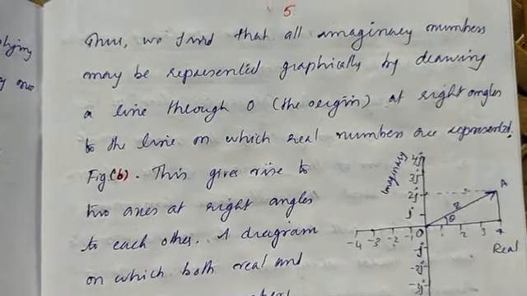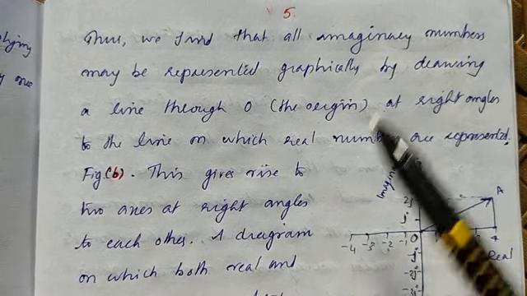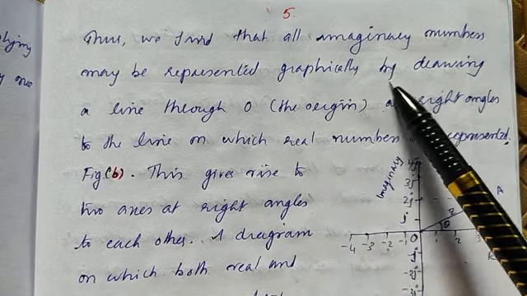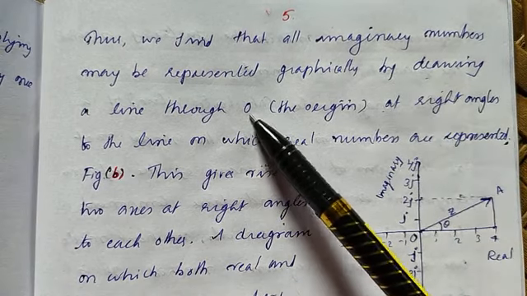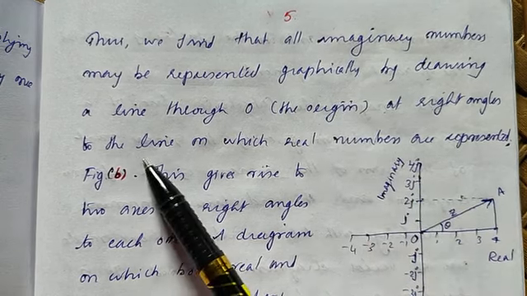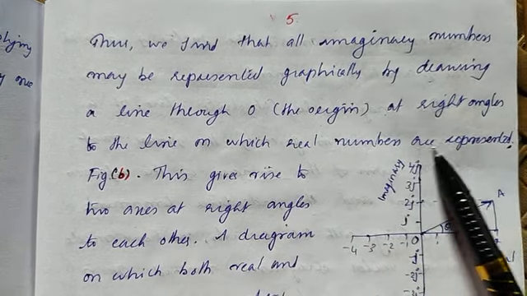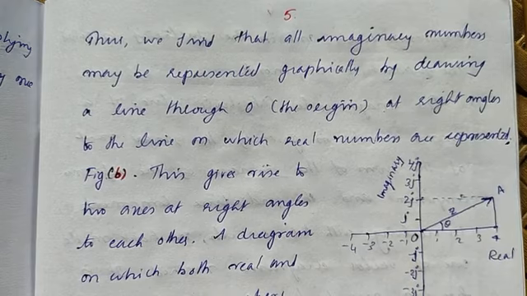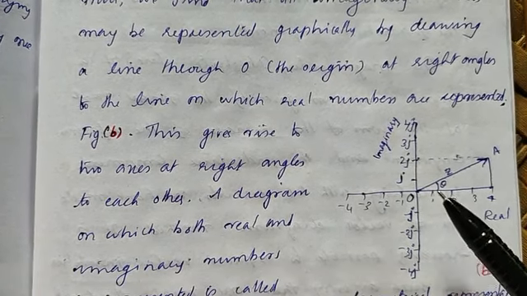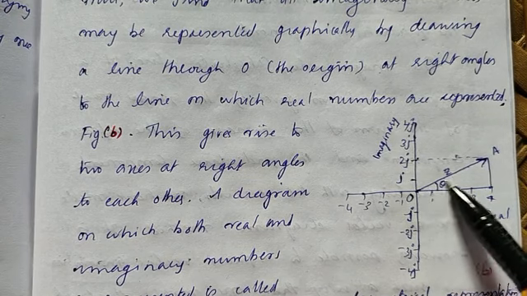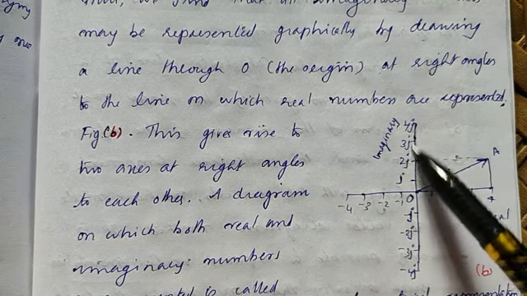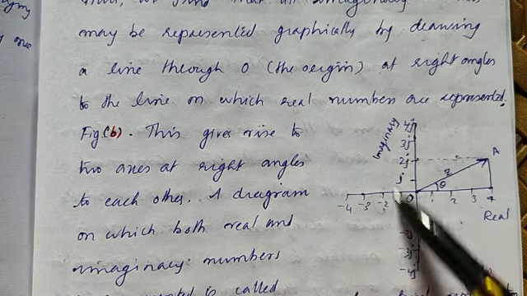Thus we find that all imaginary numbers may be represented graphically by drawing a line through 0, that is the origin, at right angles to the line on which real numbers are represented, like what is shown in the figure here. So all imaginary numbers may be represented like this. We are drawing axes like this.